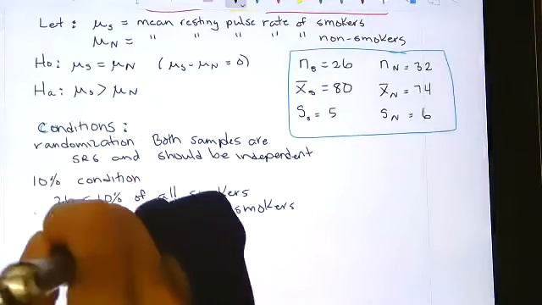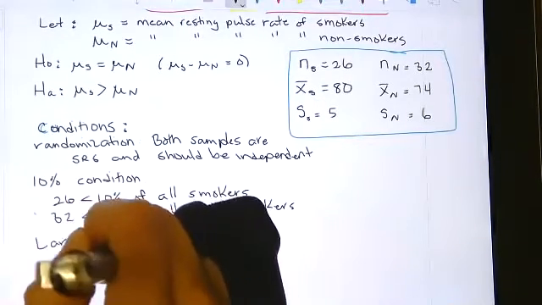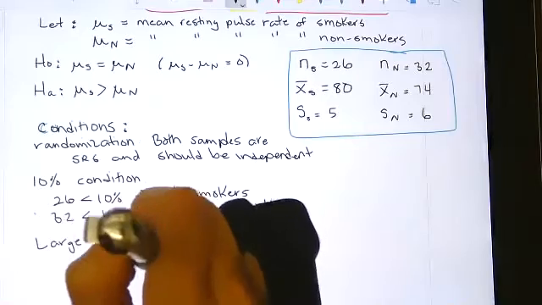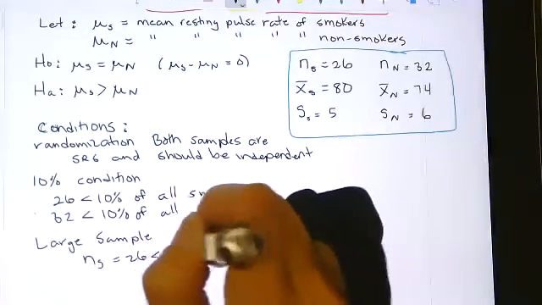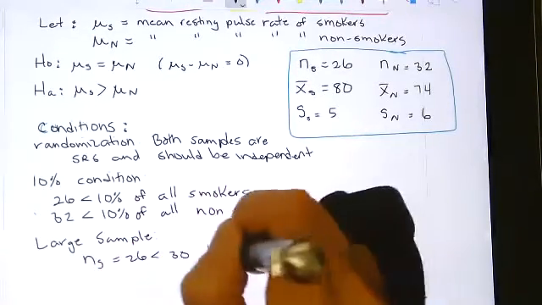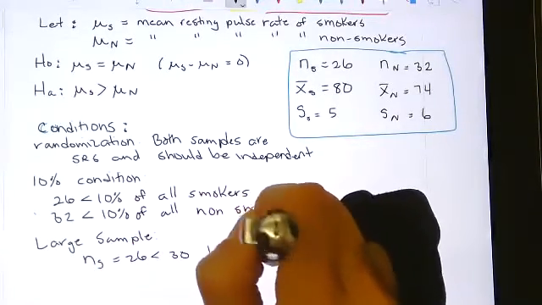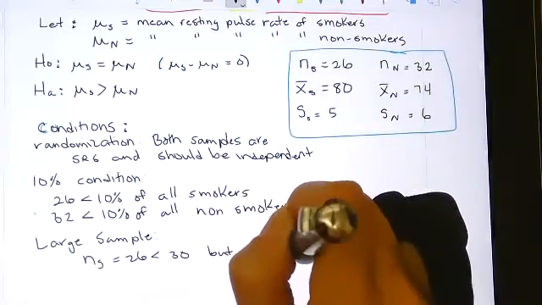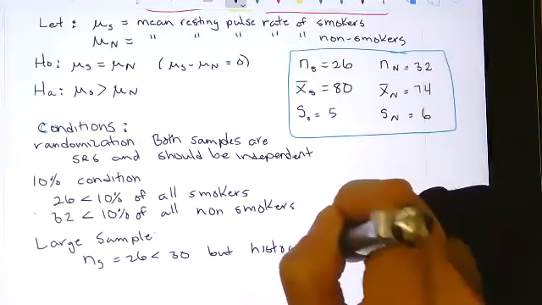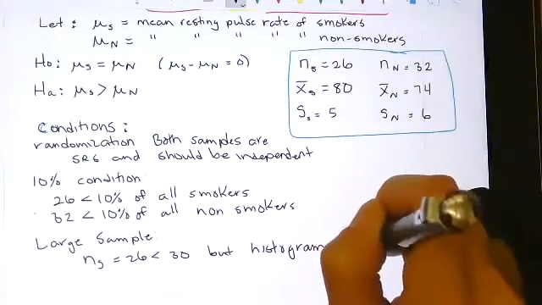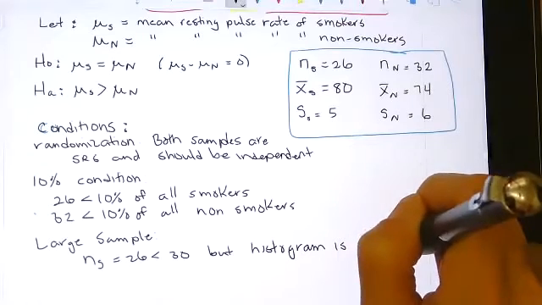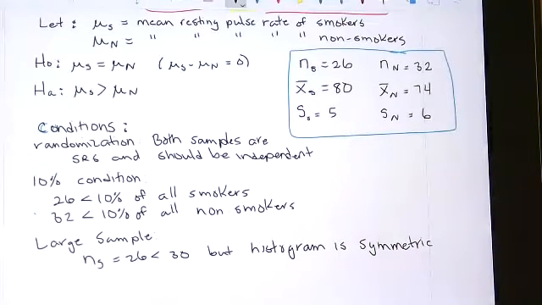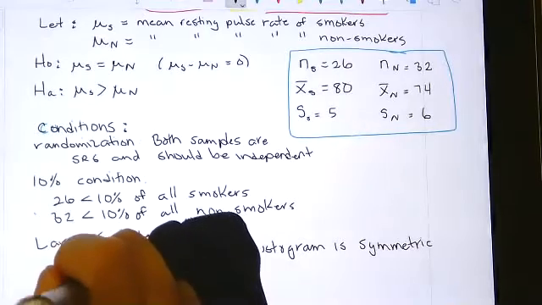Okay, so large sample. We have our first group is 26, which is less than 30, but the histogram is symmetric. So even though our sample is less than 30, the histogram is symmetric, so it's okay.